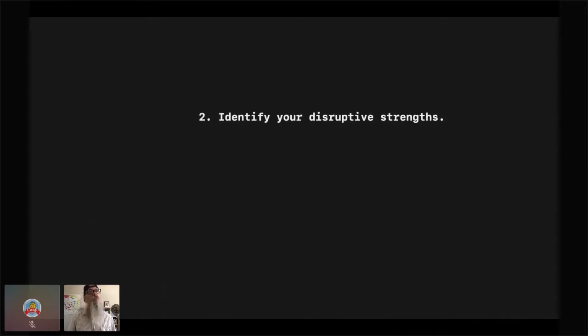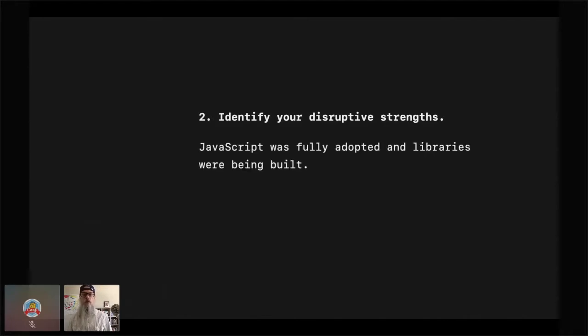So, identifying our disruptive strengths, I asked you to think about ways in which people within our community are strong, have strengths, and how that might influence any disruption that might happen with WordPress. JavaScript, for one, was fully adopted, and libraries were being built on top of it.